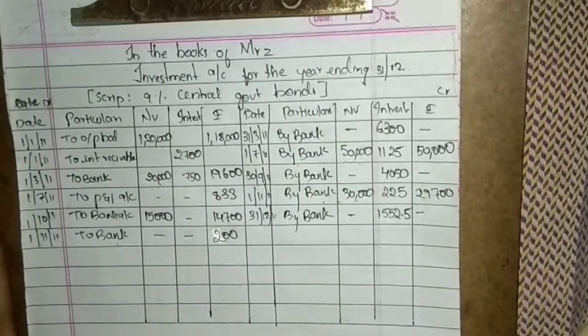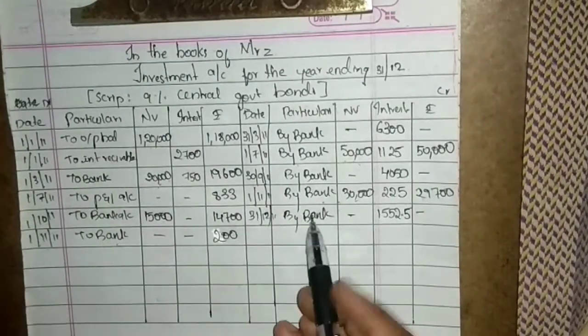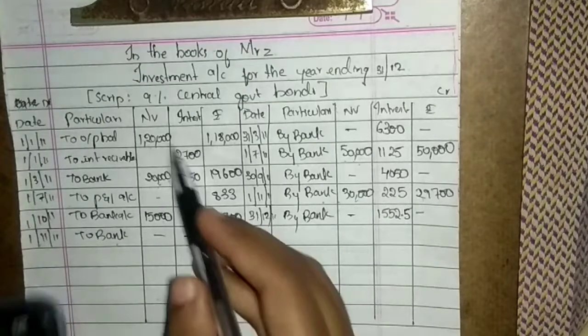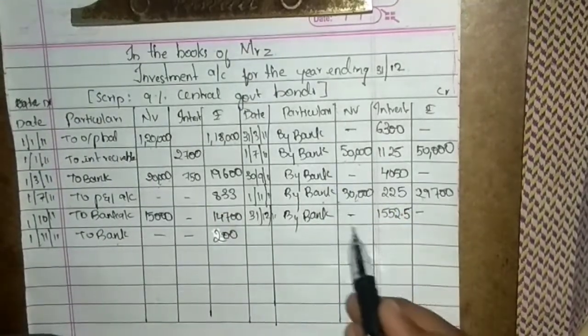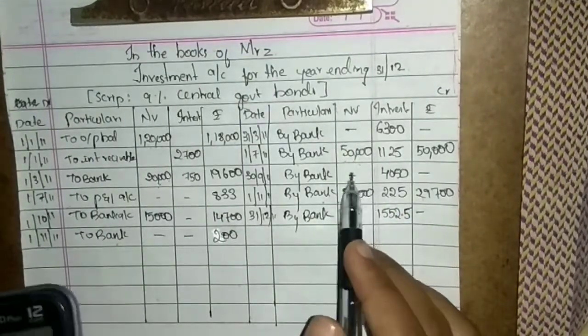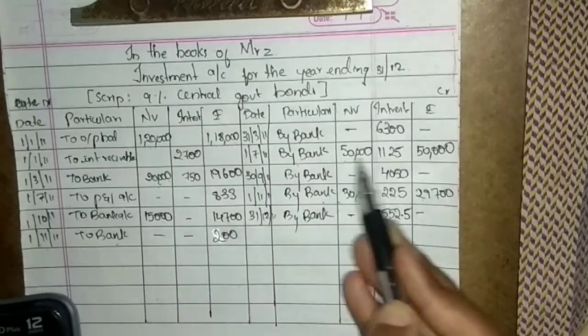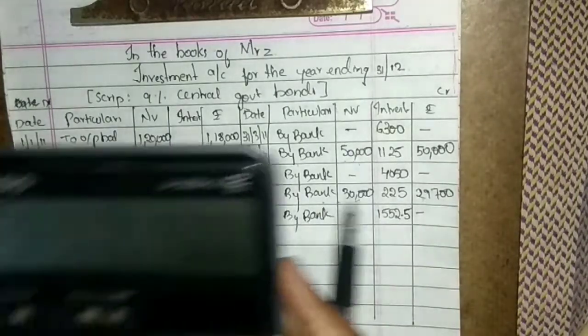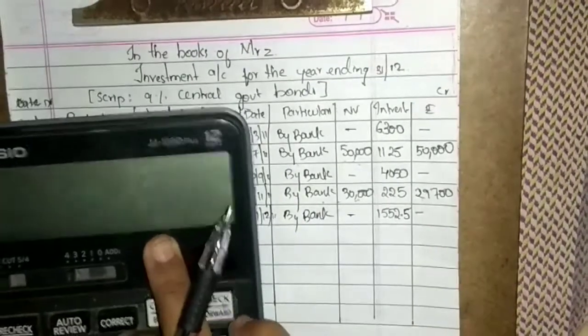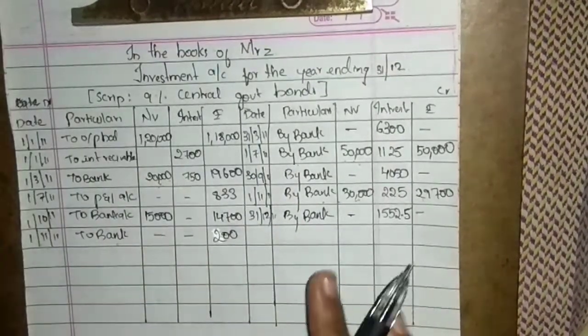Next, sold 30,000. So the remaining stock is, add these and minus these in the nominal value, because you will always calculate interest on the nominal value. Now the stock remaining is 75,000. So 75,000 of the stock is remaining here.